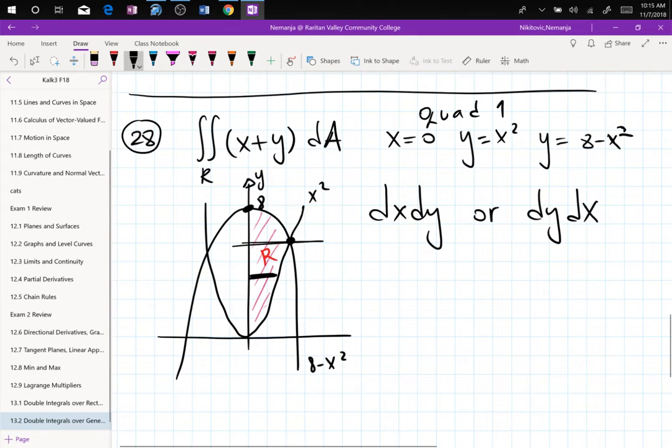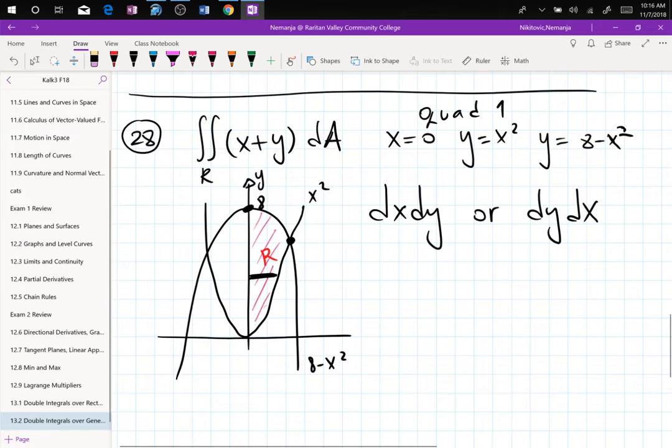Do we all see that? The left side of this representative rectangle will always ride x equals 0. But look at the right side. It rides x squared, and then it switches and rides the other one. You can't have that if you want a single integral. It can't switch. It has to stay with the same function throughout.